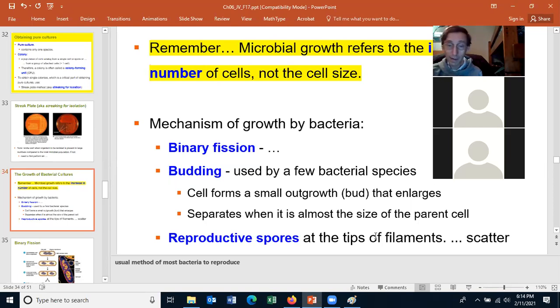Both the parent cell and the reproductive spores are made, and so one cell can then reproduce into 4 reproductive spores and stay the parent cell. So one cell will then split into 5. An endospore, one cell forms one endospore, and the parent cell dies when the endospore is released. That's a survival strategy. Any question about that?